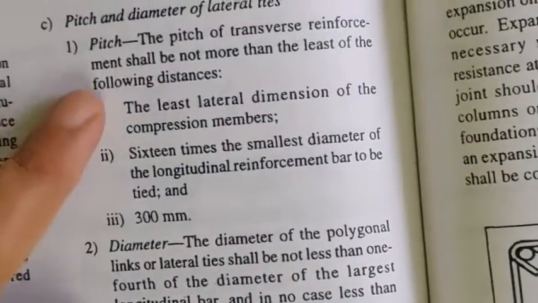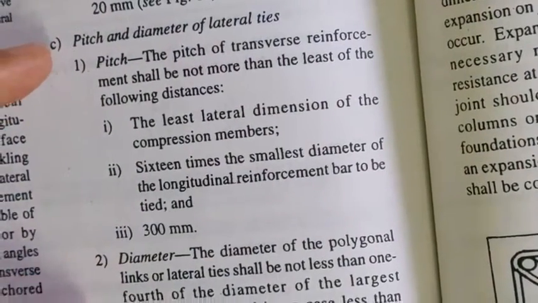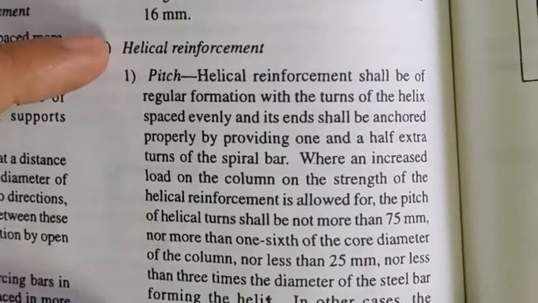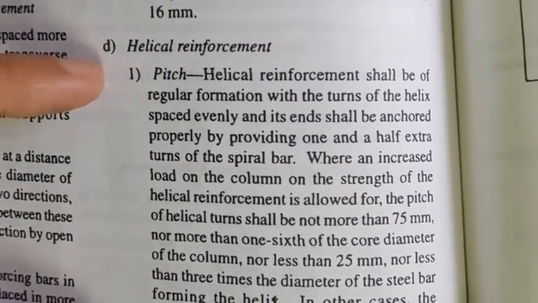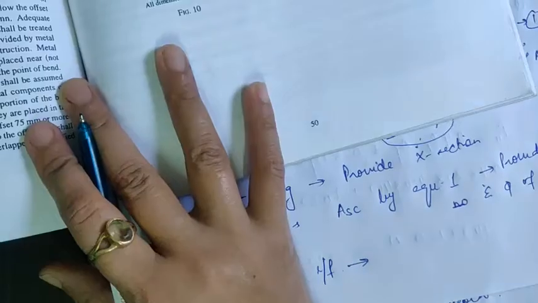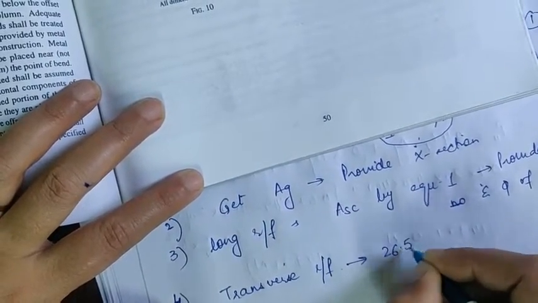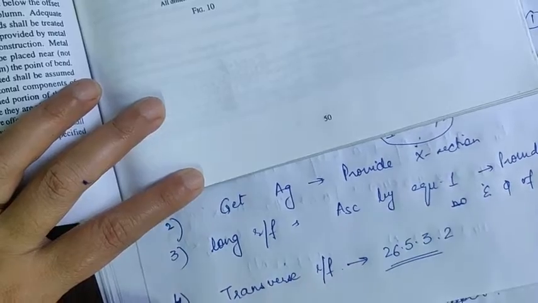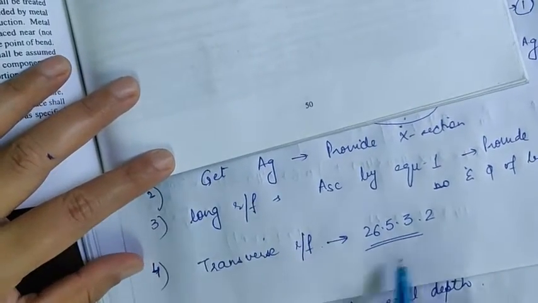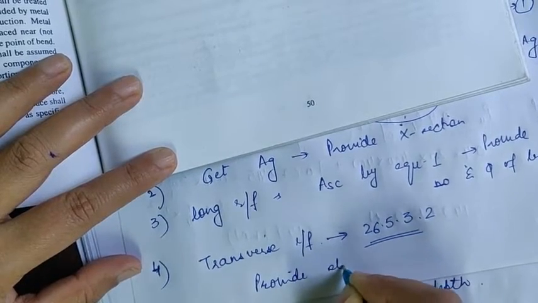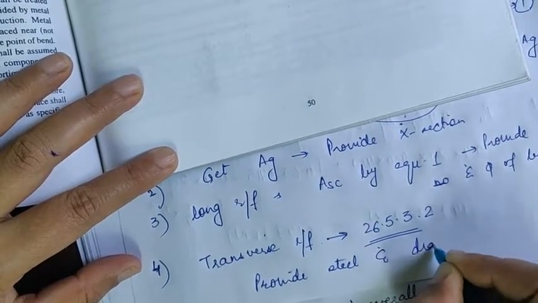If your transverse reinforcement is lateral ties, you will be using these equations, and if it is helical ties, you will be using this other one. So this transverse reinforcement will simply be obtained by using the clauses given in 5.3.2. Depending upon that, we will provide the steel and draw the detailing.